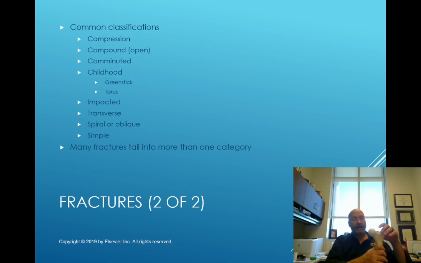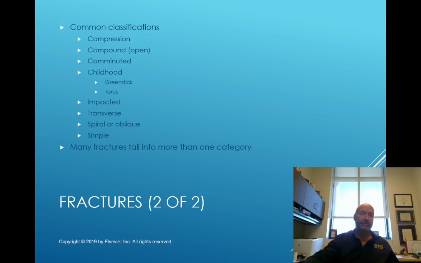What happens with an impacted fracture is the neck of the humerus breaks and it slides up into the head of the humerus. So that's what an impacted fracture looks like. And it occurs when usually an older patient falls and they catch themselves, and they probably have some corresponding fractures somewhere else, maybe in the wrist, but the neck of the humerus breaks and it slides up into the head of the humerus.